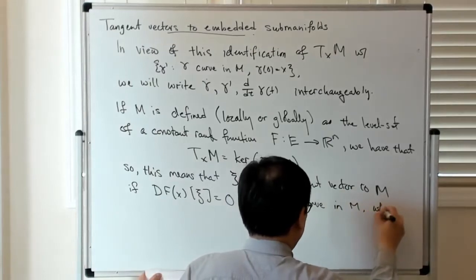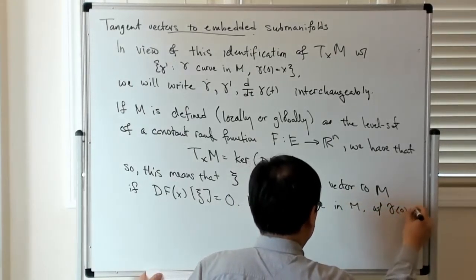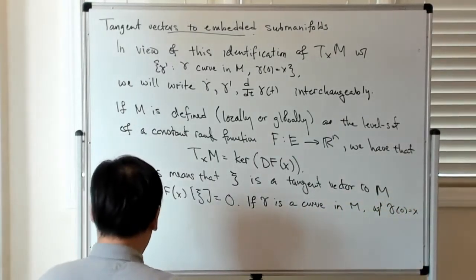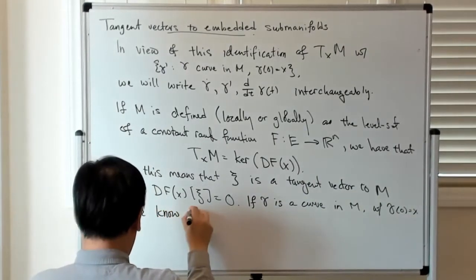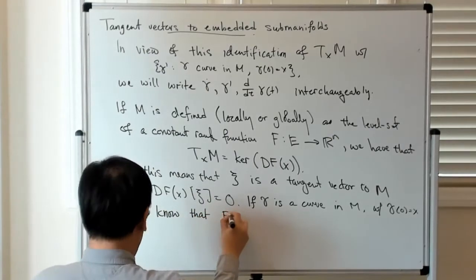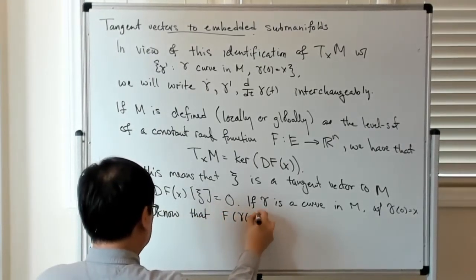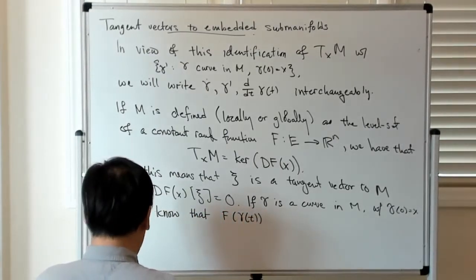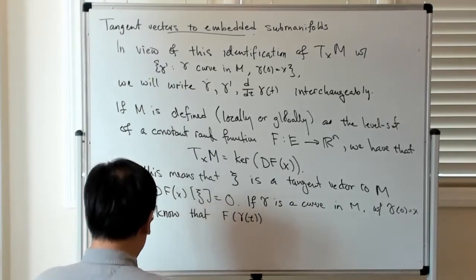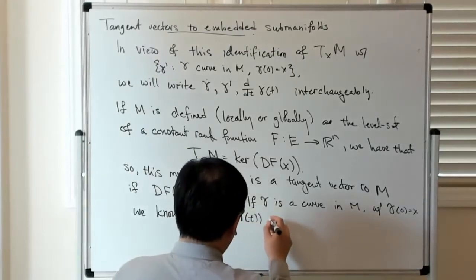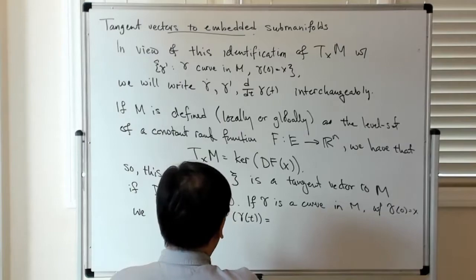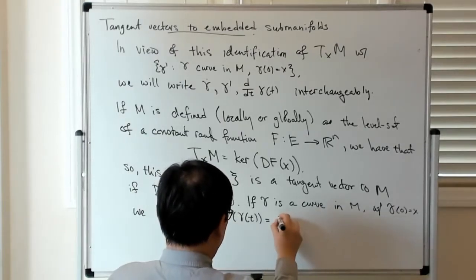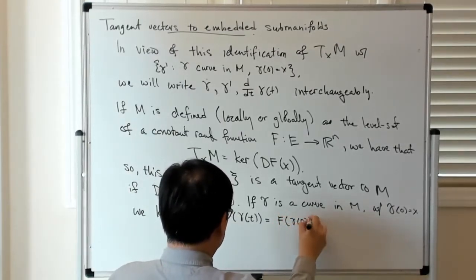with the property that gamma at 0 is equal to x, we know that F of gamma of t is equal to F of gamma at 0.